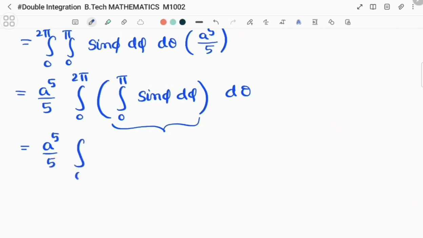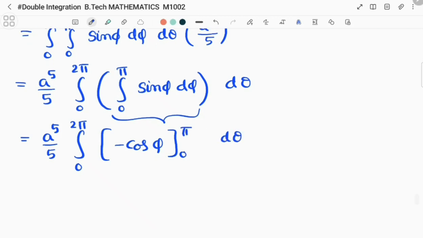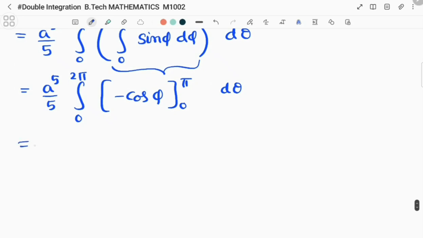So minus of minus 1 plus 1, here also minus of minus 1 plus 1, 1 plus 1 is 2. So 1 plus 1 is 2, also a constant, we can take it outside: 2a to the power 5 by 5 into integral 0 to 2 pi into d theta.